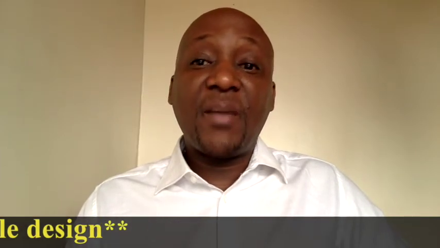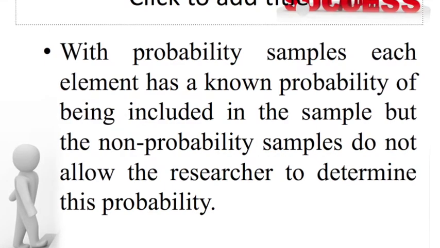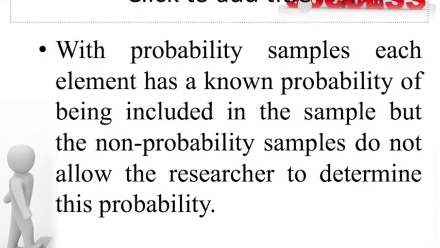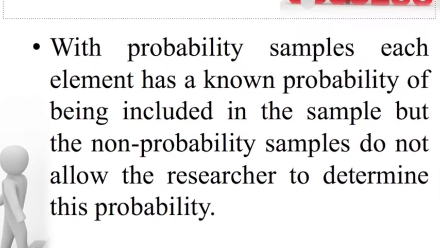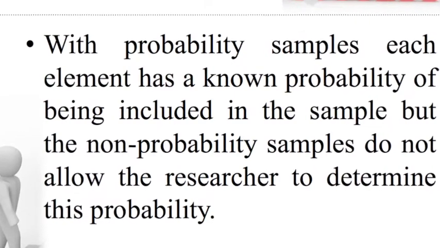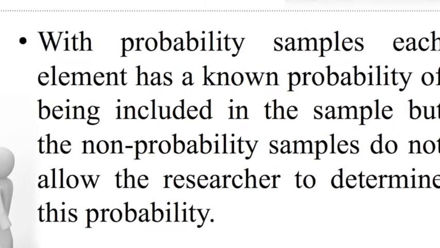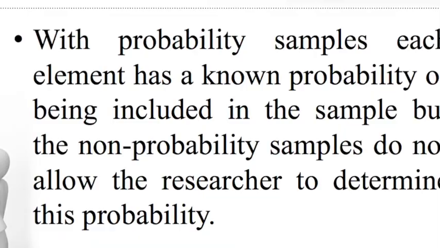Samples can be either probability samples or non-probability samples. With the probability samples, each element has a known probability of being included in the sample, but the non-probability samples do not allow the researcher to determine this probability.